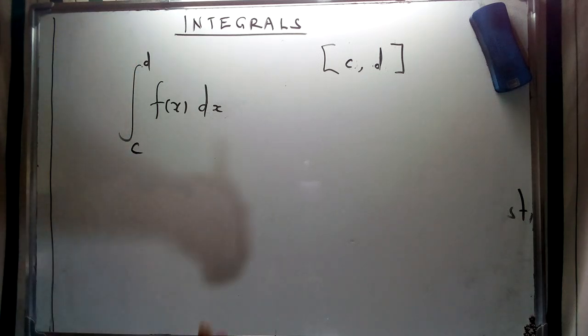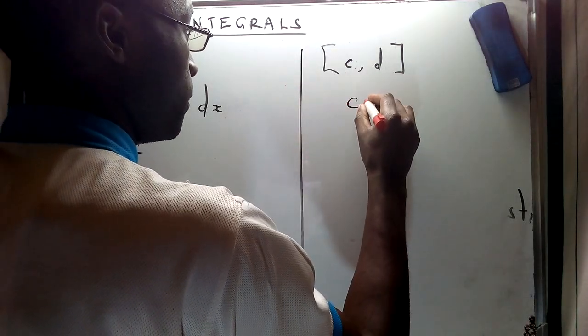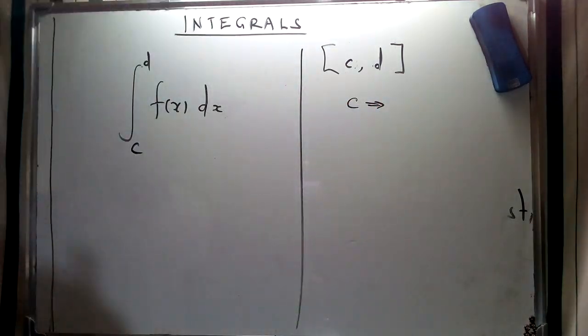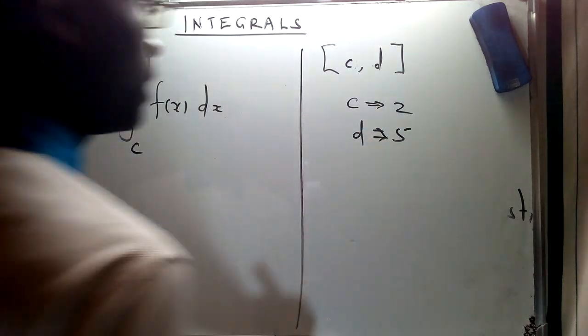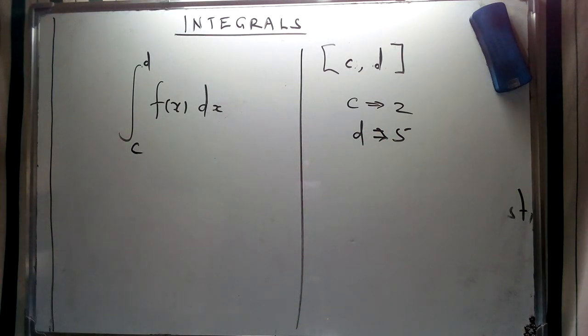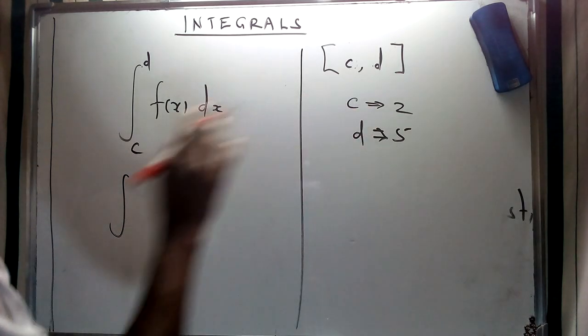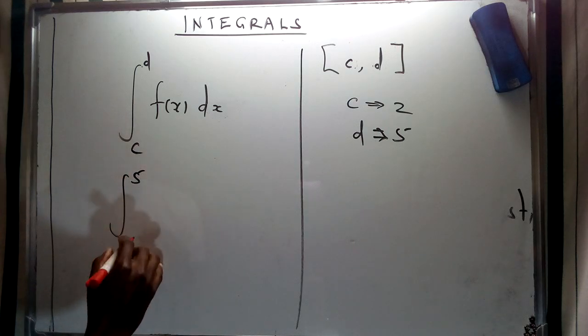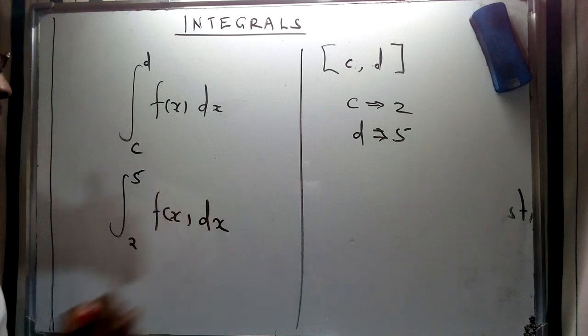If we allocate numerical values for these limits, with c equal to perhaps 2 and d equal to 5, let's see what the value will be if we change these limits. So we are going to have the integral where d represents 5 and c represents 2, of f(x) dx.